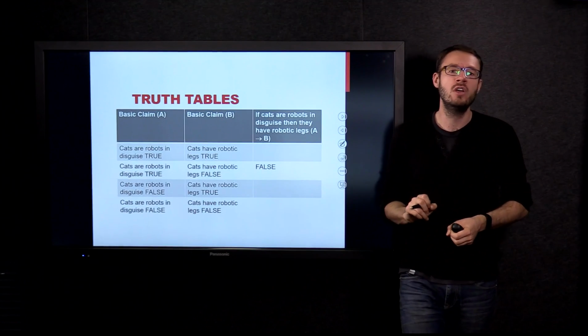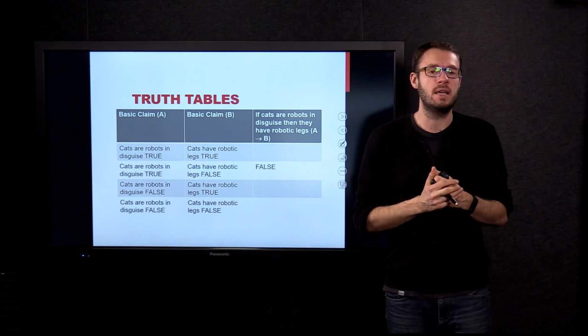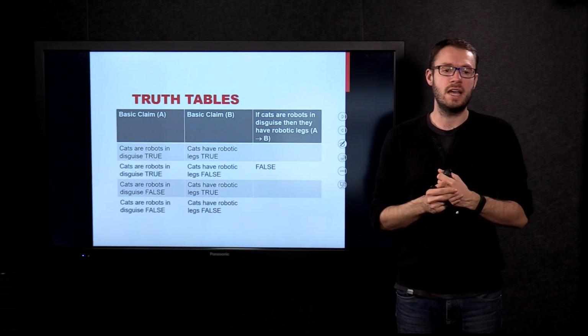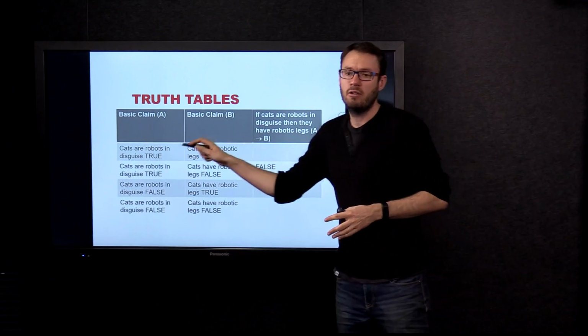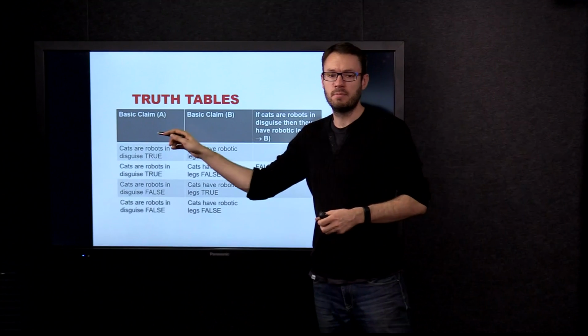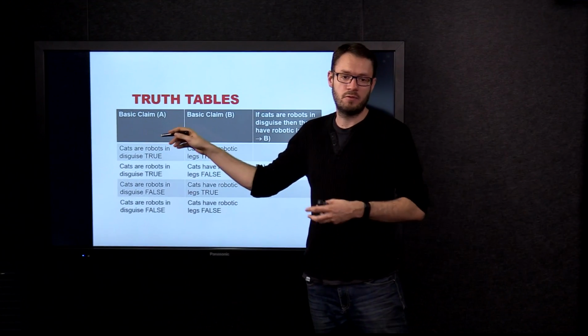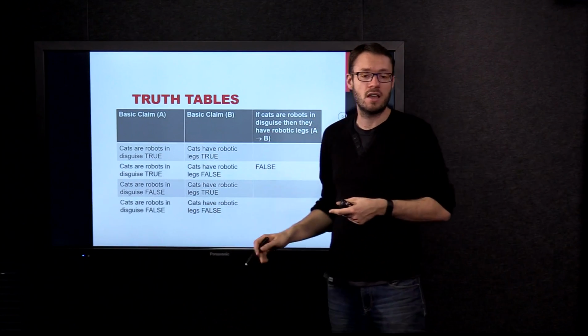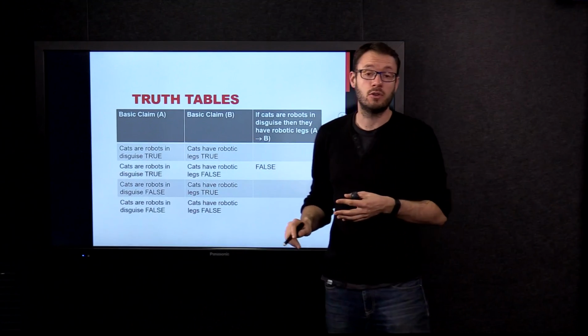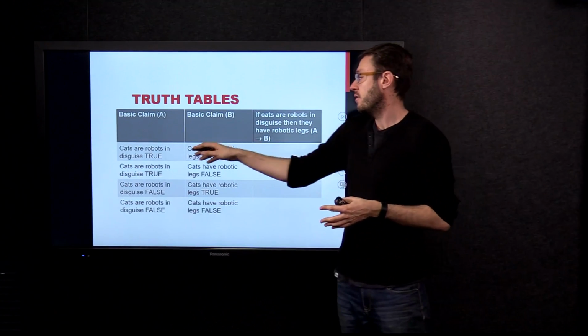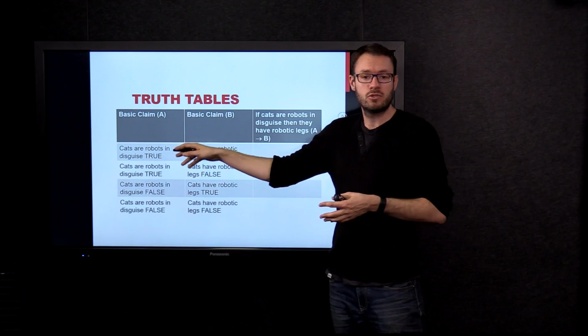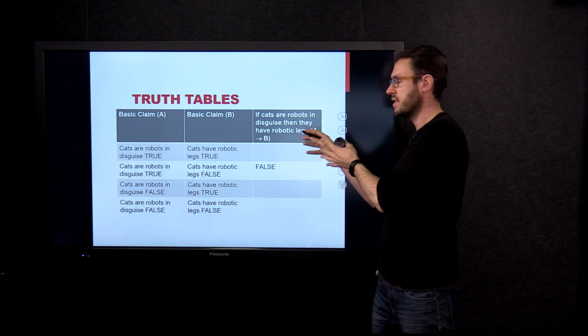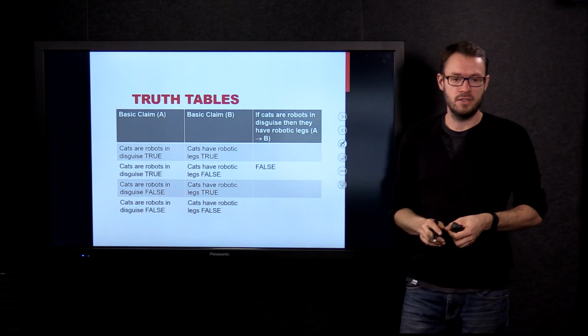All right, but first of all, we can start to build up our truth table for our conditional statement. So again, what we've got here are all the possibilities: the possible situations for cats are robots in disguise, and the possible situations for cats have robotic legs. So when cats are robots in disguise is true and cats have robotic legs is true, then we've got some value for our conditional statement, and so on.